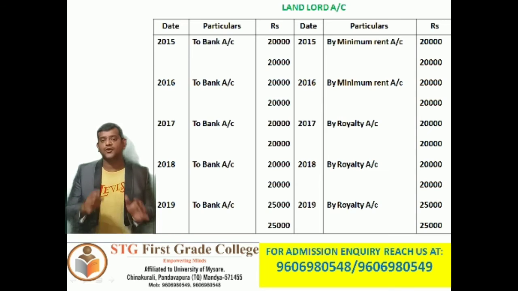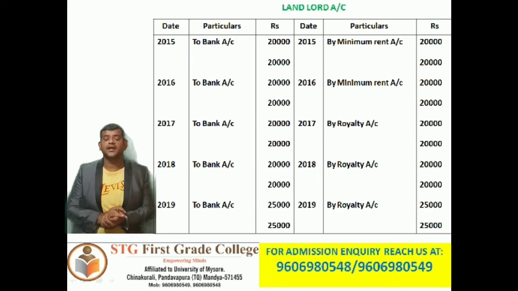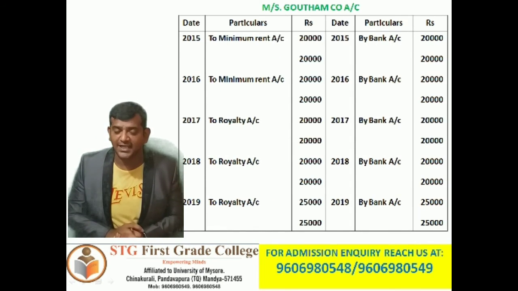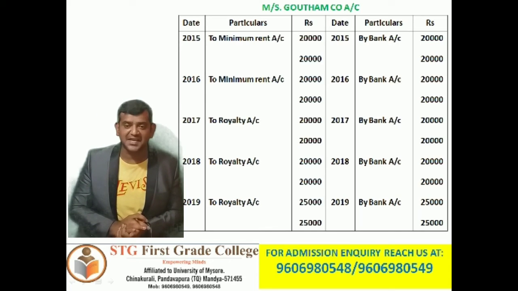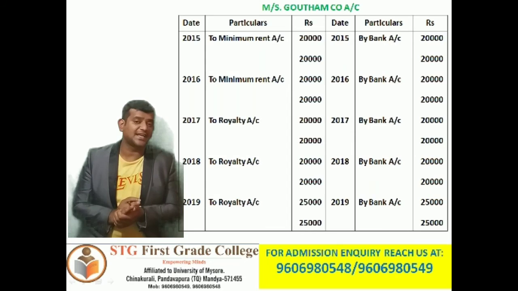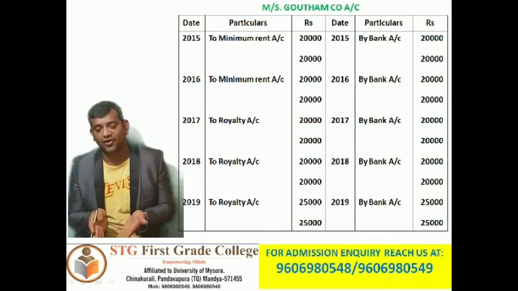So next we are opening Gautam and Company account. We are opening Gautam and Company account with a 6 column table, date, particulars, rupees, date, particulars, rupees. I always say this account is exactly opposite of the landlord account. What all you have debited, credit all those things.